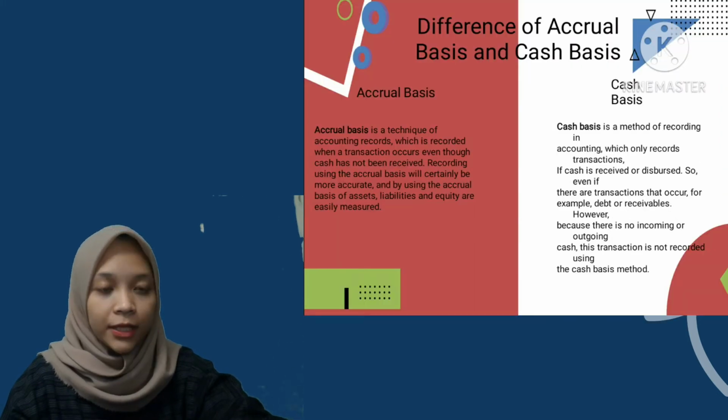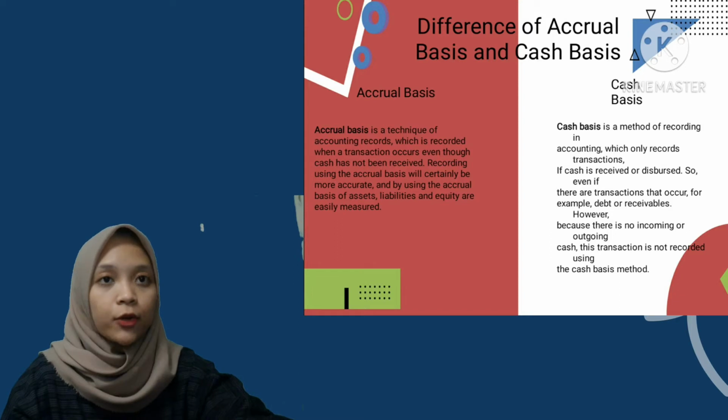In capital statement, divided by two methods, there are accrual basis and cash basis. Accrual basis is a technique of accounting record, which records when a transaction occurs even though cash has not been received. Meanwhile, cash basis is a method of recording in accounting which only records a transaction if cash is received or distributed.